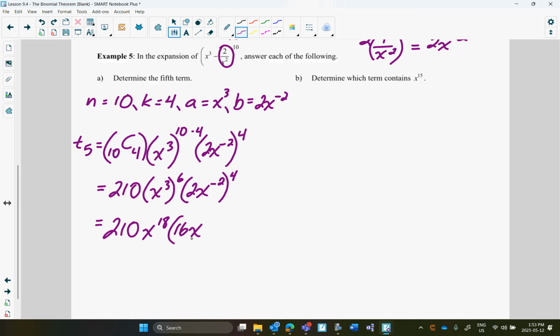X to the -8. Now I've got to multiply the numbers, 210 times 16, and I get 3360. What's x to the 18th times x to the -8? X to the 10, because we add the exponents, right? So it's 18 plus -8, which is 10.